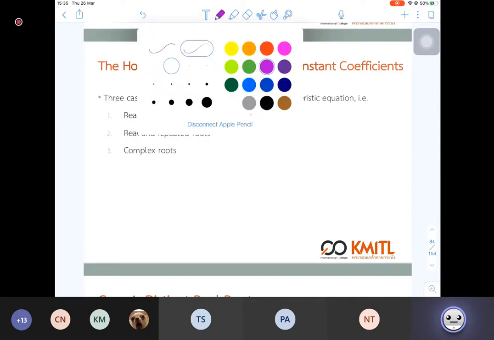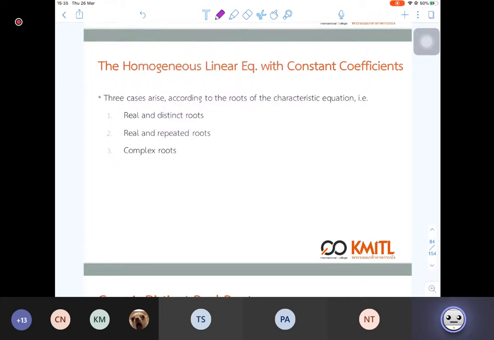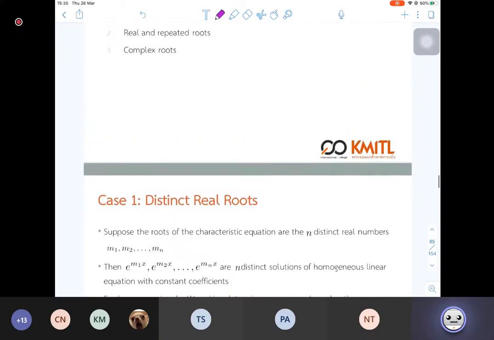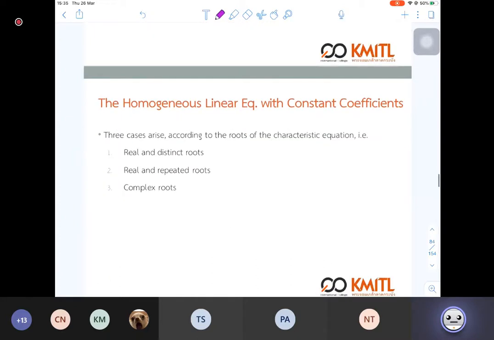For example, if your order is 2, you're going to get a m squared plus b m plus c equal to 0, right?